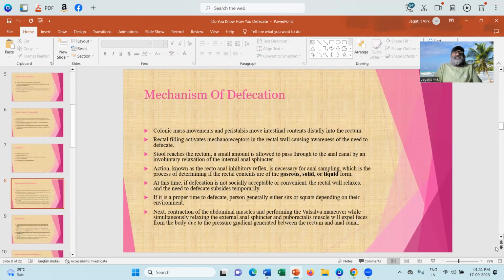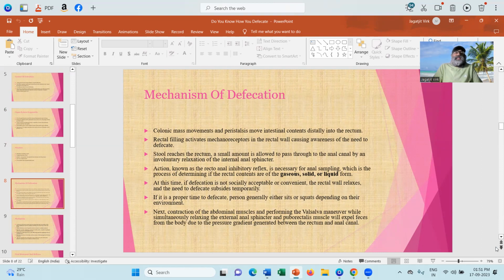Mechanism of defecation. Colonic mass movements and peristalsis move intestinal contents distally into the rectum. Rectal filling activates mechanoreceptors in the rectal wall, causing awareness of the need to defecate. When stool reaches the rectum, a small amount is allowed to pass through to the anal canal by an involuntary relaxation of the internal anal sphincter.